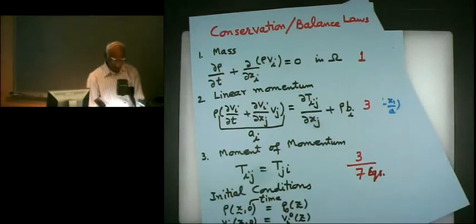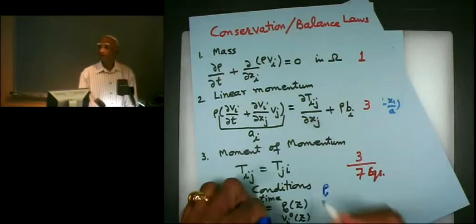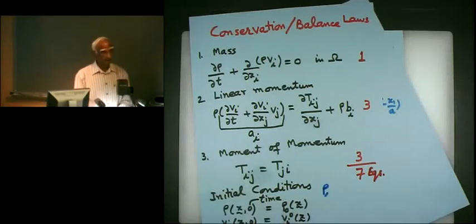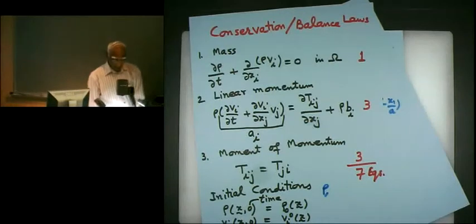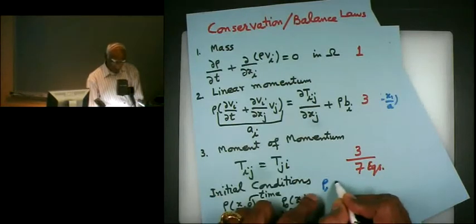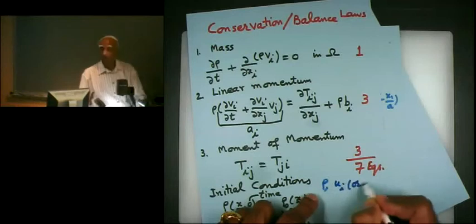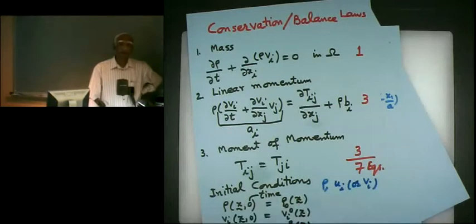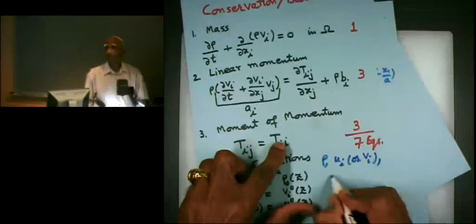Our unknowns are the mass density rho, which we don't know. You know the mass density in the reference configuration, the initial mass density, but you do not know the mass density after the body has been deformed. We also do not know the velocity, or, depending on whether you take displacement or velocity as the unknown, there is an or between them, not both. So there are 3 of those, and there are 9 of these.